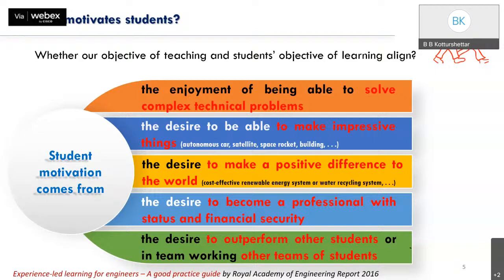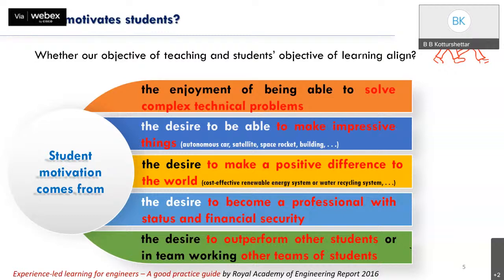They want to make a difference to the lives of people. Then their desire is also to become a professional with status and financial security. They want to be visible in society. They want to be financially secure. And they also have the desire to outperform other students and other teams.